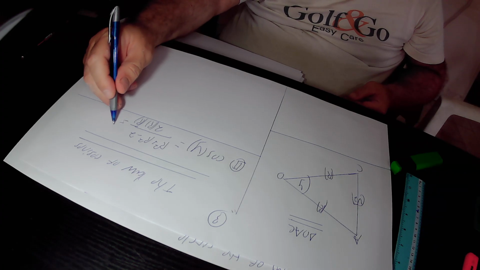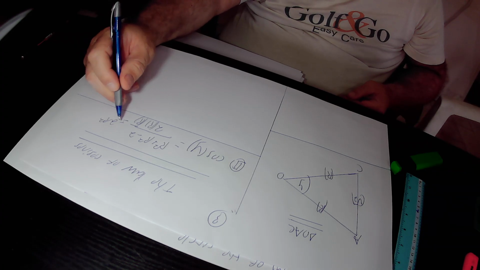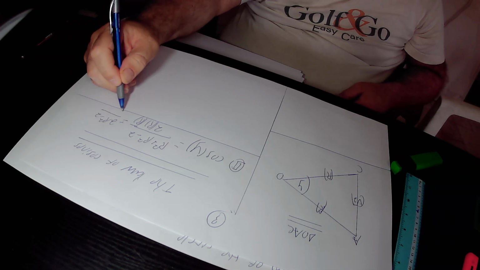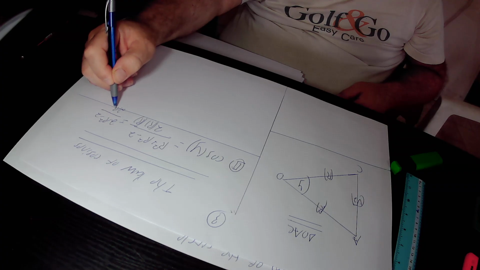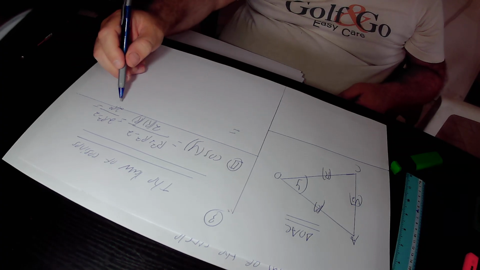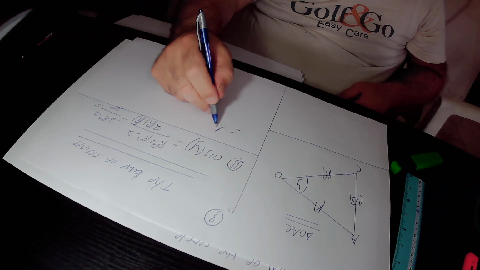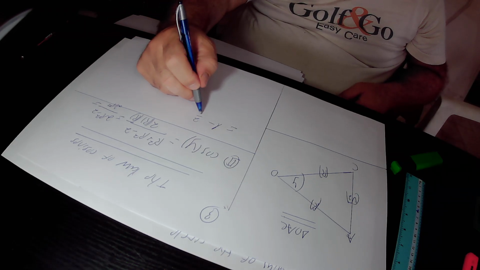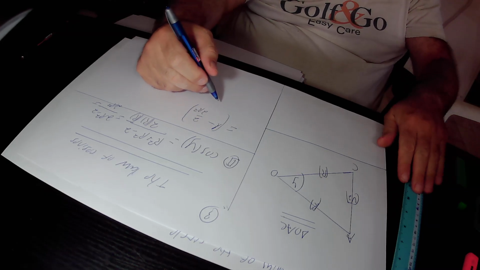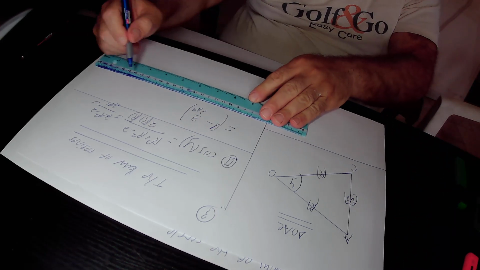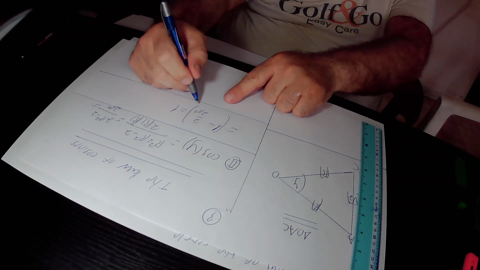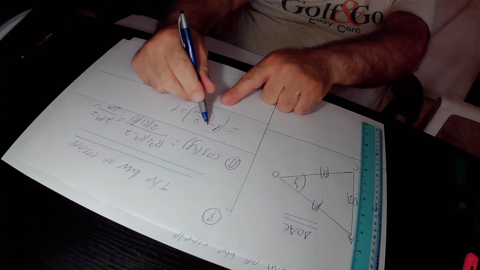So R squared plus R squared is 2R squared. So in the numerator of this expression, we have 2R squared minus 2, divided by 2R squared. Here 2R squared over 2R squared is 1, minus 2 over 2R squared.